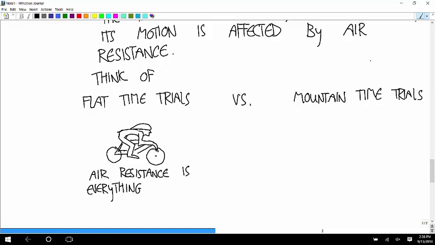That's crazy. Okay, well, here's what a mountain time trial outfit looks like. So when you see these guys riding mountain time trials, they're wearing just their regular bike helmets. They're wearing just regular short sleeve shirts and shorts.